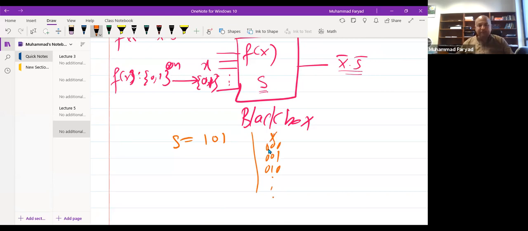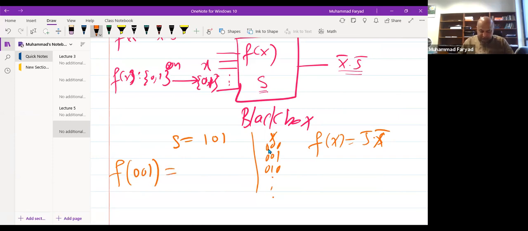So what this black box does is there is a function f of x, which takes this product x dot s. So this could be a little bit confusing. Let me start with an input. Let's say x is 001.